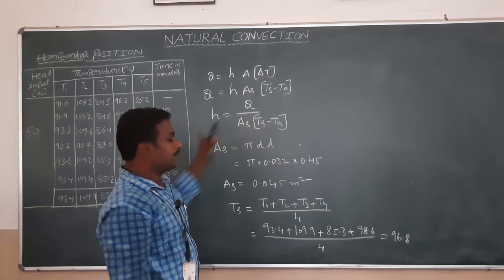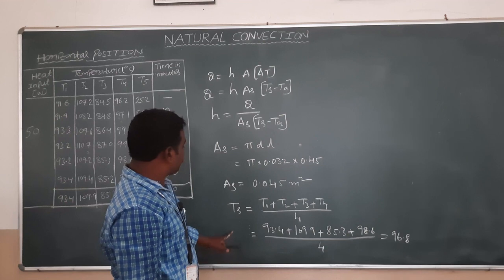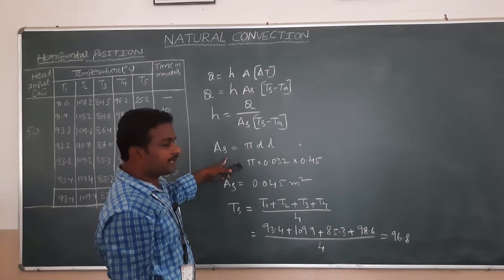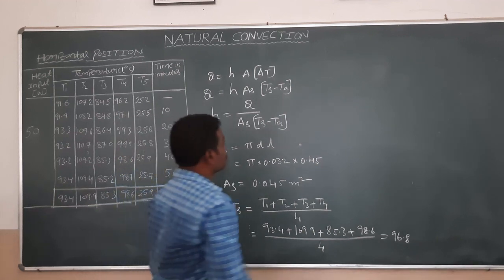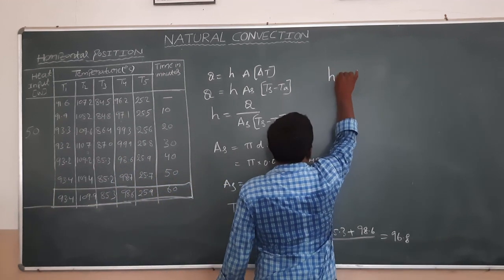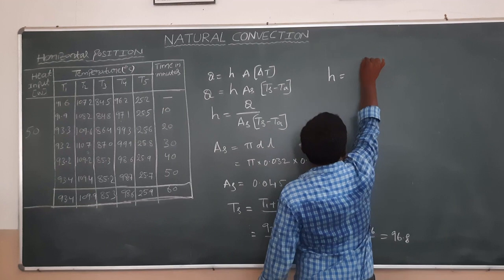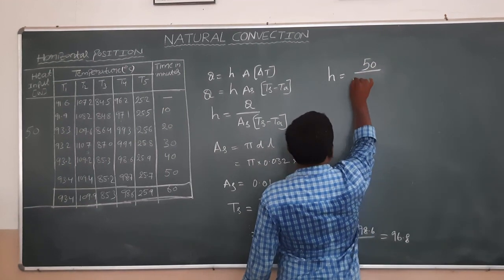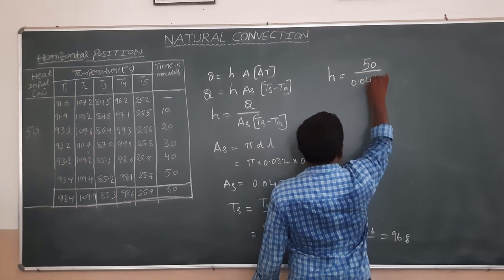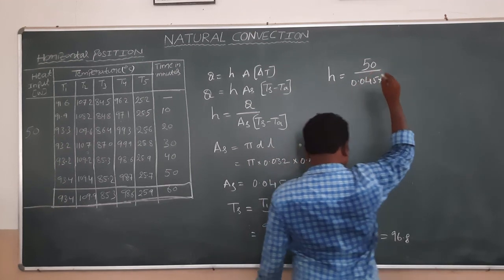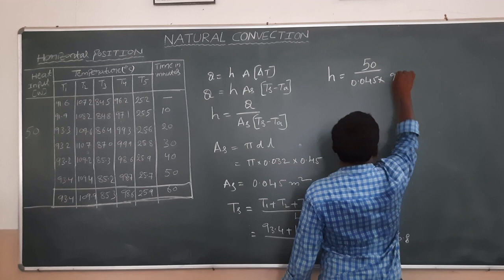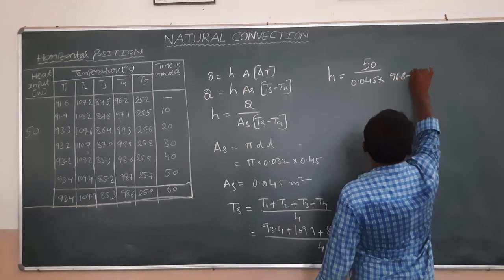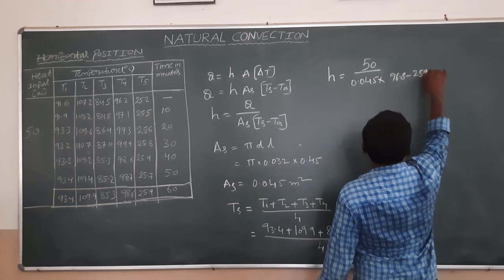Ambient temperature value directly came from the table. So, substitute the surface temperature, ambient temperature and surface area in this equation. We will get the heat transfer coefficient. Heat transfer coefficient h equals 50 divided by 0.045 into 96.8 minus 25.9.